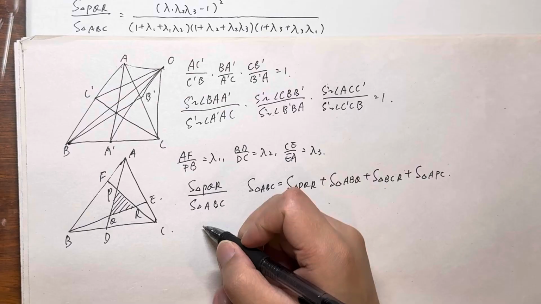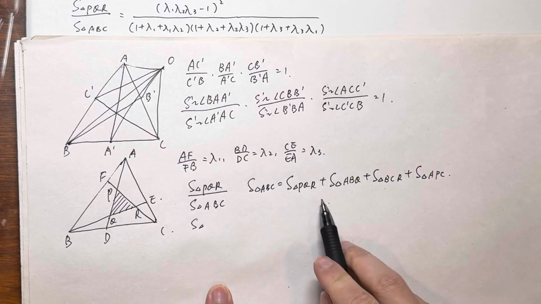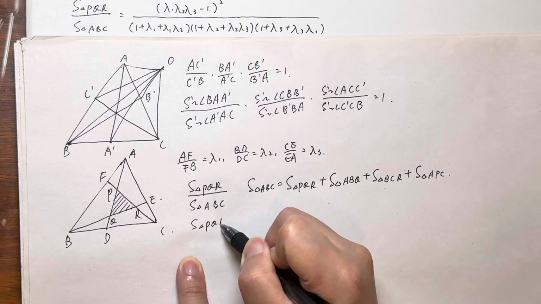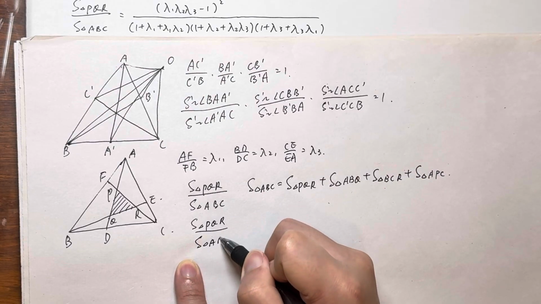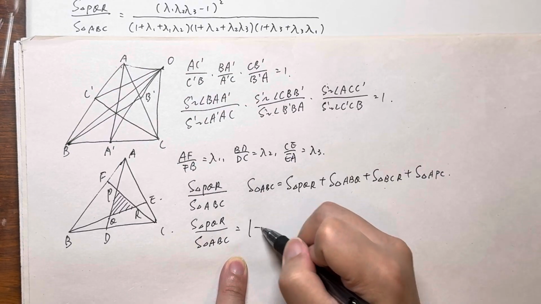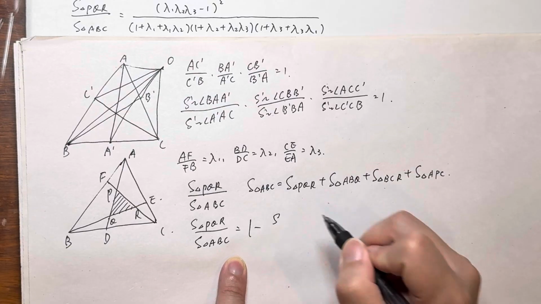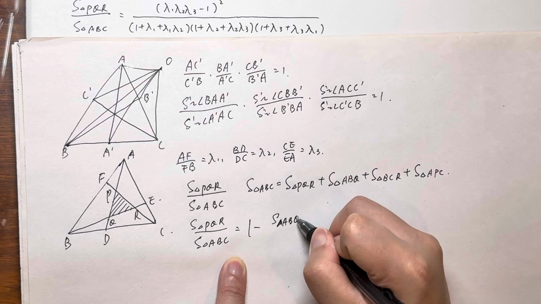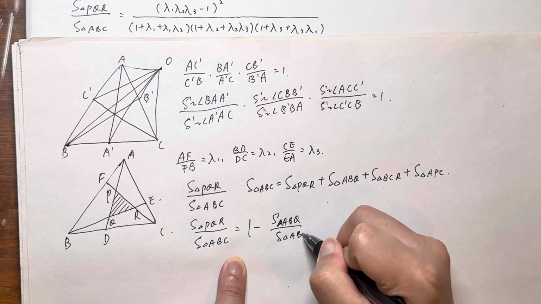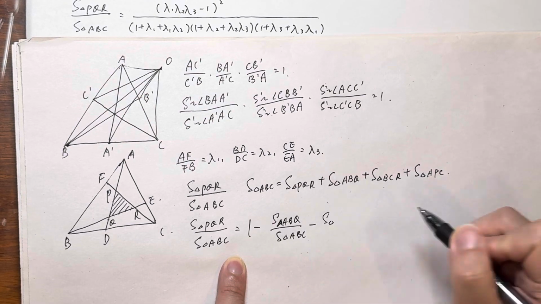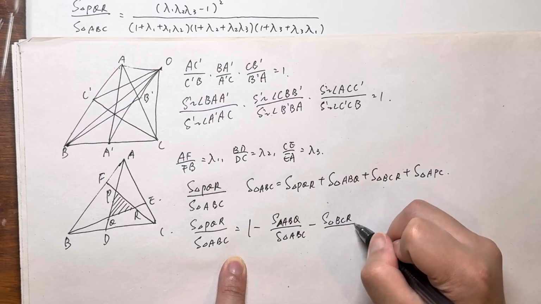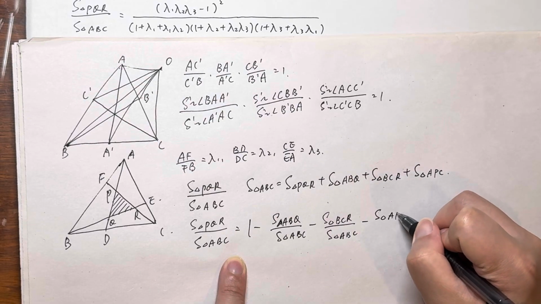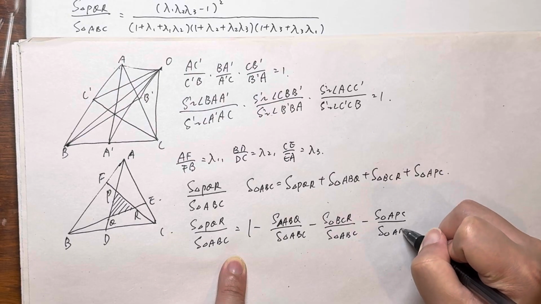So the area ratio of PQR to ABC equals 1 minus the ratio of triangle ABQ to ABC, minus the ratio of triangle BCR to ABC, minus the ratio of triangle APC to ABC, right?